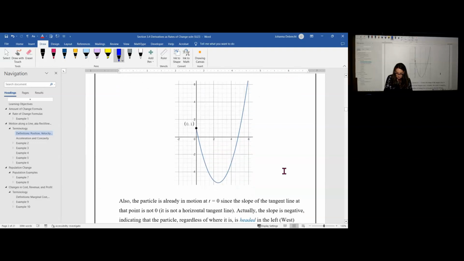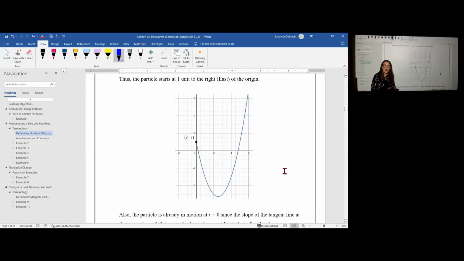Now let's take a look at this graph and describe the position as we see it. It starts out definitely on the right side of Denver, right side of the starting place, or to the east. Then it must be traveling to the west because later in time it goes across the horizontal, it becomes on the left side of Denver or to the west. Then at some point it must turn around and start heading back east.